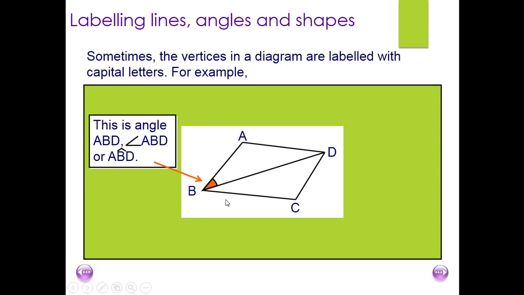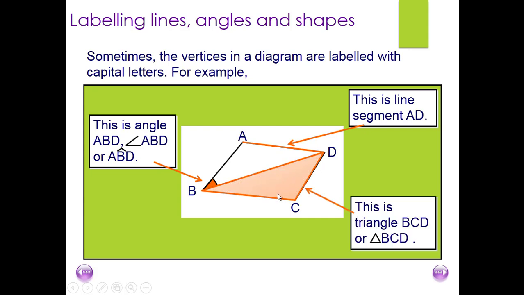I can say ABD, and this is a segment AD, it is infinite, and this is a triangle. And by the way, we can represent this triangle as a plane. We can say the triangle BCD, or the triangle CDB.